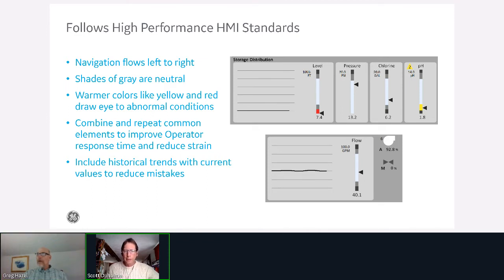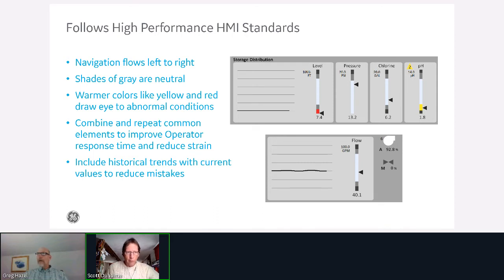As I said, these elements use a lot of shades of gray when things are neutral, and we just use warmer colors like red and yellow to draw your eye to the attention of things that may be in some type of an alarm state. And we repeat these elements to provide structure and to reduce operator strain. So it's a great example of the execution of the high performance HMI standard.